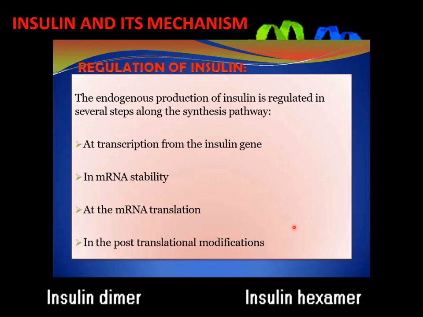Regulation of insulin. Even when insulin is exocytosed to the bloodstream, it is not haphazard; there is regulation of its endogenous production at several steps: transcription from the insulin gene, messenger RNA stability, translation, and post-translational modification.